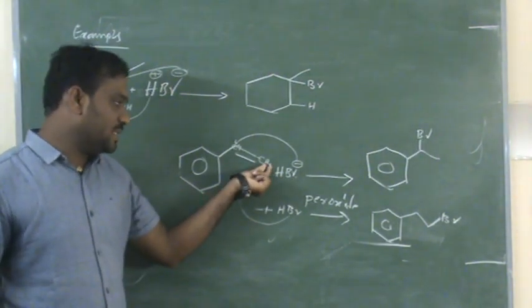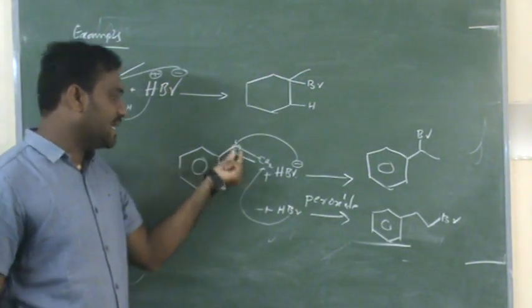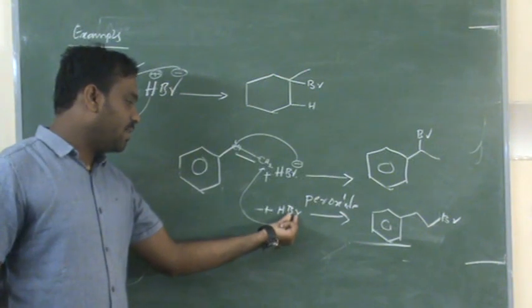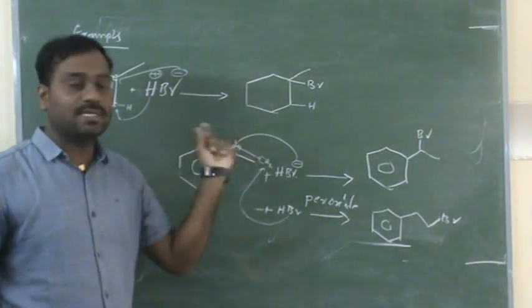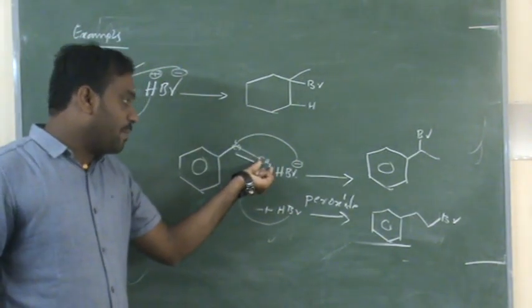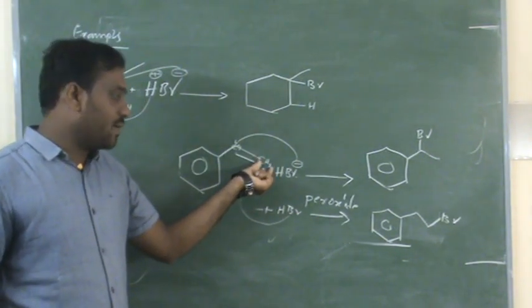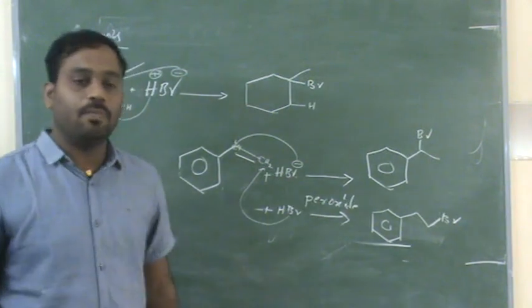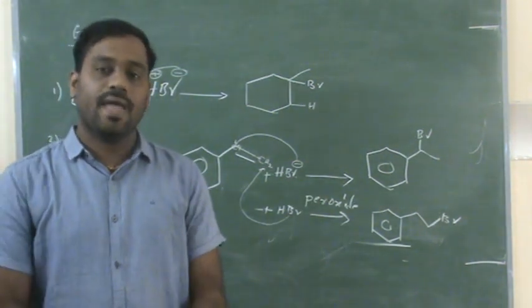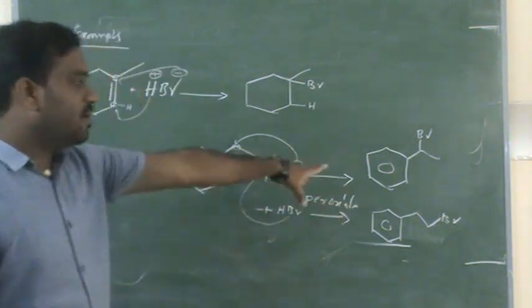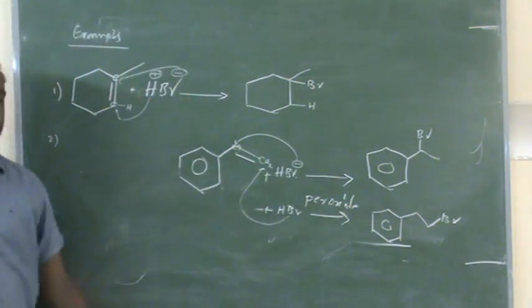Here CH2 is there, here CH is there. In HBr, the Br minus goes and attacks where there is more number of hydrogens. Why? Because it's happening in the presence of peroxide catalyst, following anti-Markovnikov rule. That is the product in these examples.